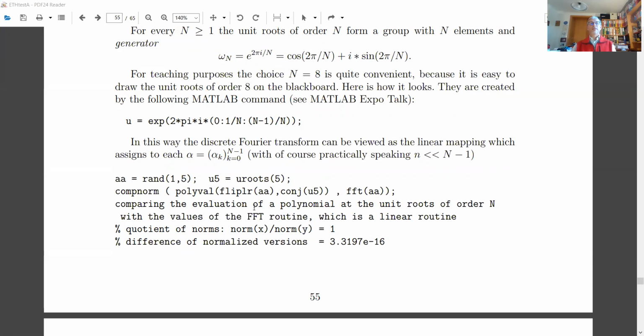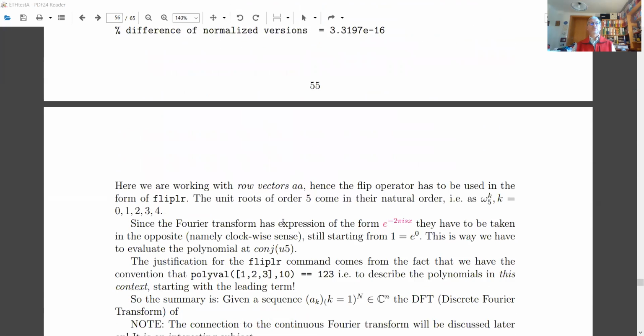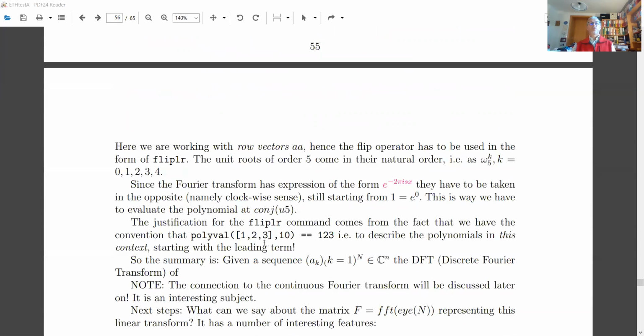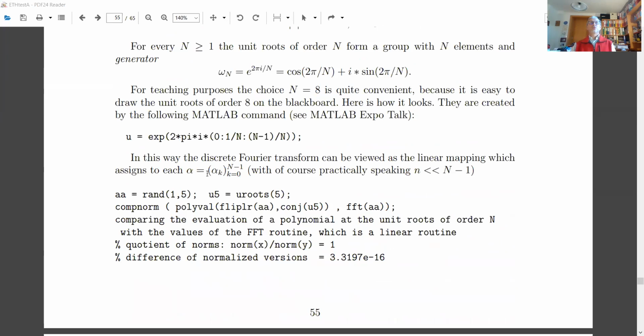However, MATLAB's standard command, here I have it, polyval of 1, 2, 3 at 10, gives you the number 123. You know immediately this is the polynomial 1 times x squared plus 2 times x plus 3. So you're doing it in decreasing order. So the difference between choosing the order of polynomials in the MATLAB way, or doing it the mathematical way, comes up here.